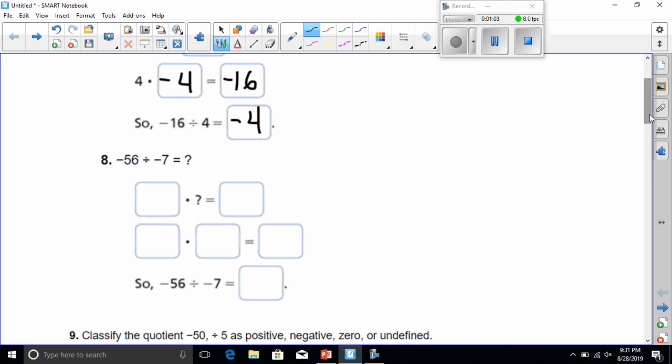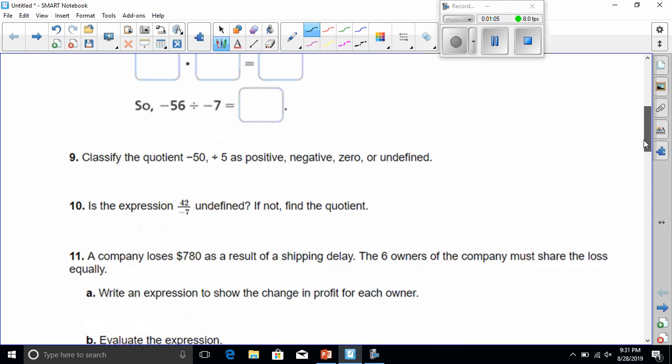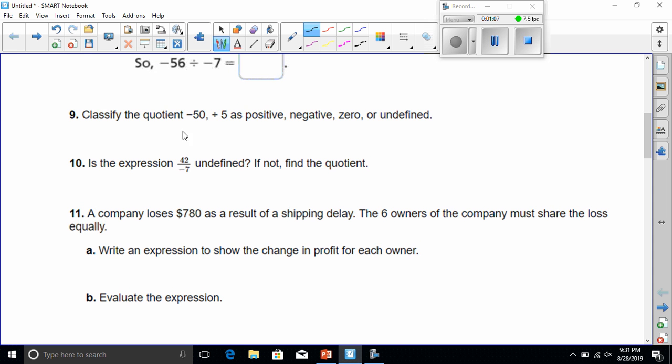You guys have number 8. Number 9. Classify the quotient negative 50 divided by 50 as positive, negative, 0, or undefined. Negative 50 divided by 5. I'm sorry, negative 50. Find the quotient negative 50 divided by 5.